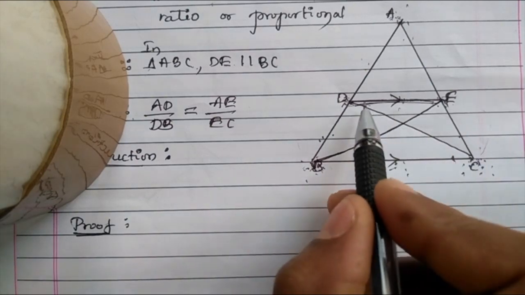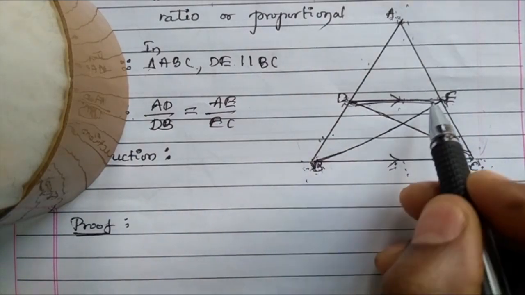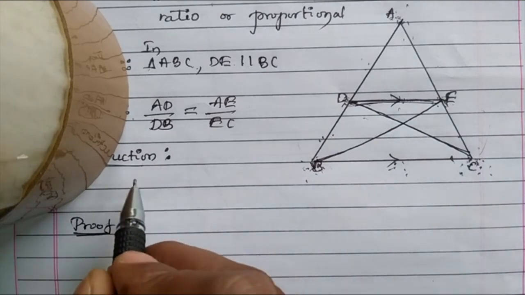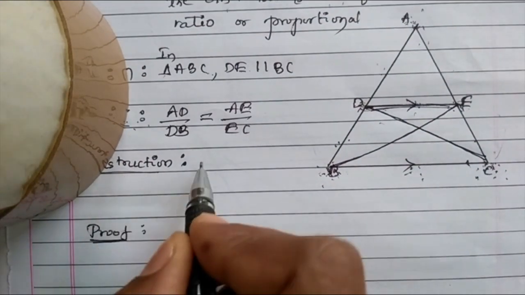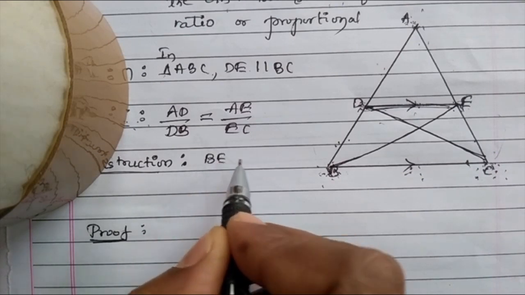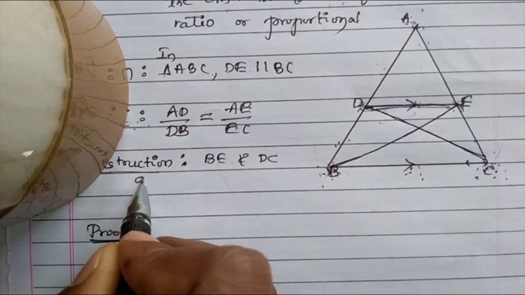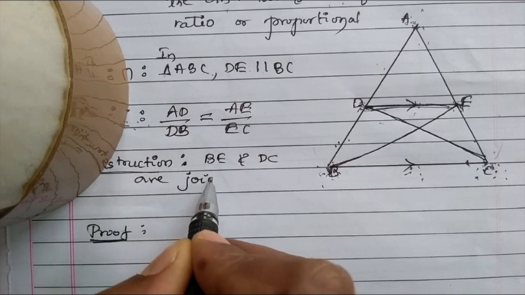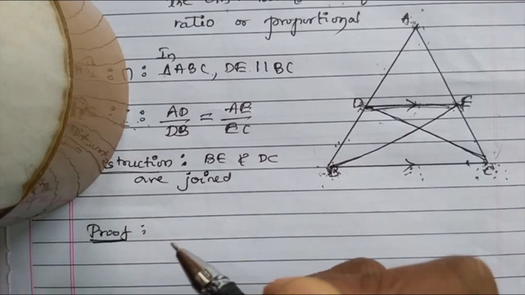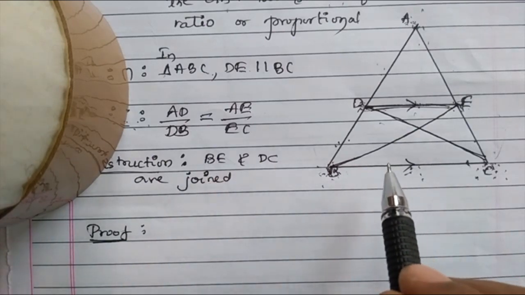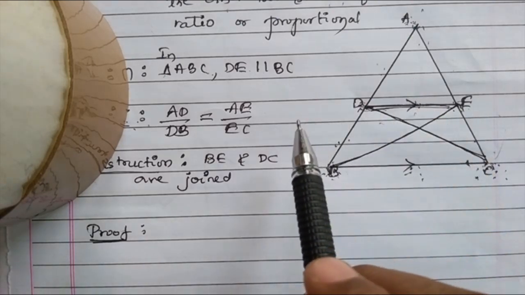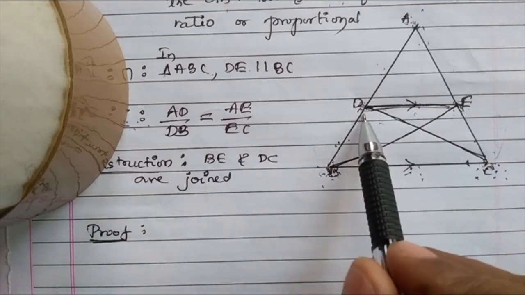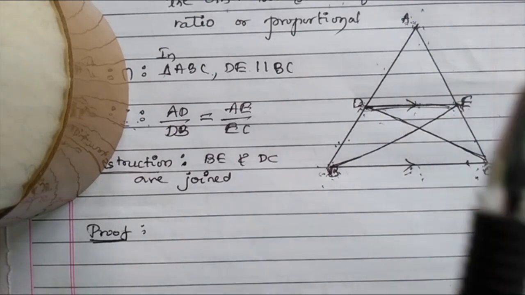You join BE and DC, so that you can write in the construction part that BE and DC were joined. But the construction is not over. Only BE and DC are joined; still more constructions are left to prove the Thales theorem.